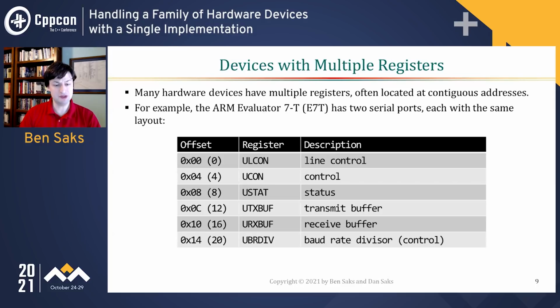So in most cases, devices are made up of multiple registers. So for example, here I'm showing you the layout for a serial port on a board called the ARM Evaluator 7T. And the board has two of these serial ports that use the same 6-register layout. And the two serial ports basically function the same.